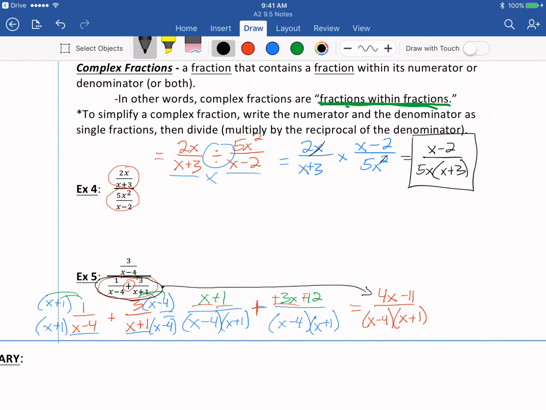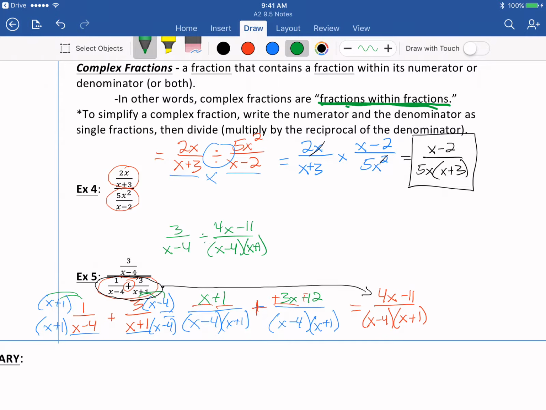All right, so now I'm going to write this out by saying that I have 3 over x minus 4, and I'm going to divide that by 4x minus 11 all over x minus 4 and x plus 1.